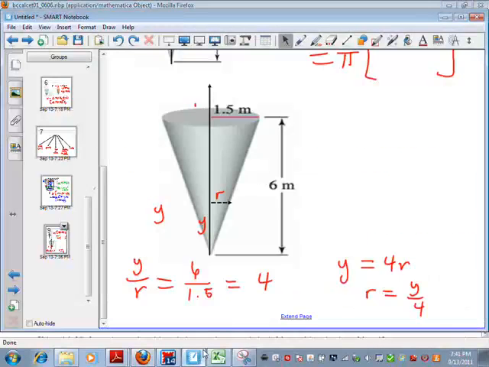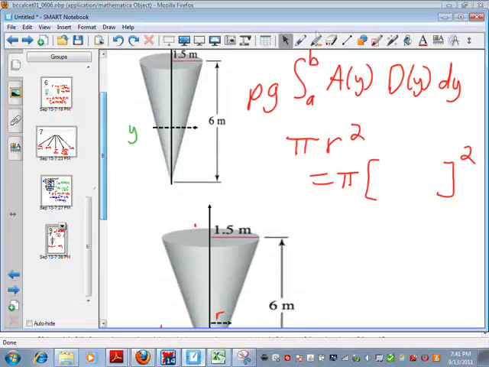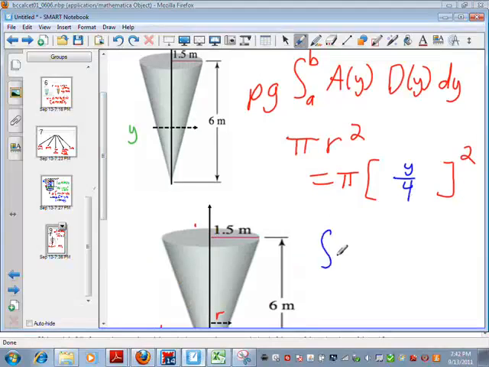Okay, so then the integral becomes, this is now y over 4. The integral from, we're taking it from where to where? 0 to 6 of pi times y over 4 squared.